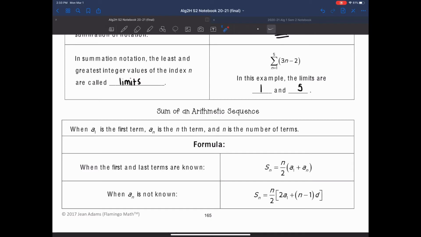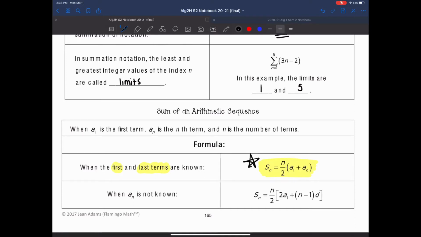So if we know what a sub 1 is and what the last term of the sequence is, we're going to use this formula to evaluate the sum of the sequence. S sub n equals n divided by 2 times a sub 1 plus a sub n. This is a formula you will be using on your homeworks and your test.